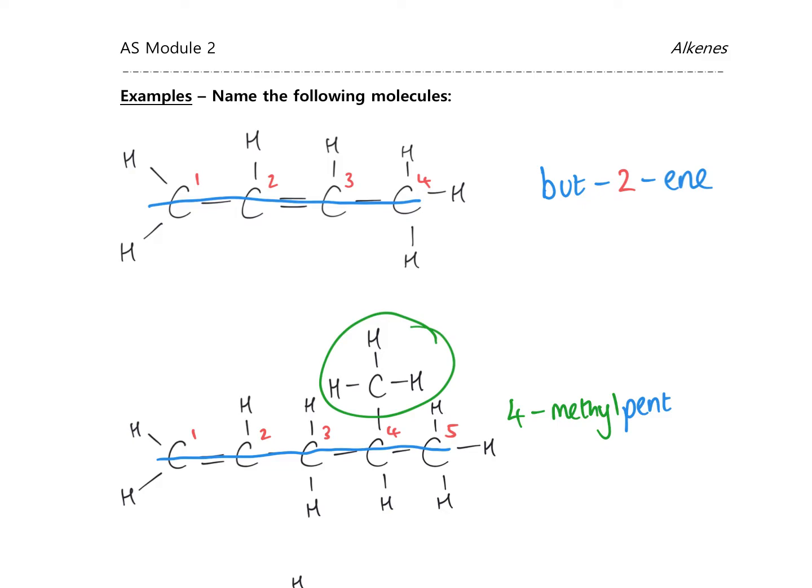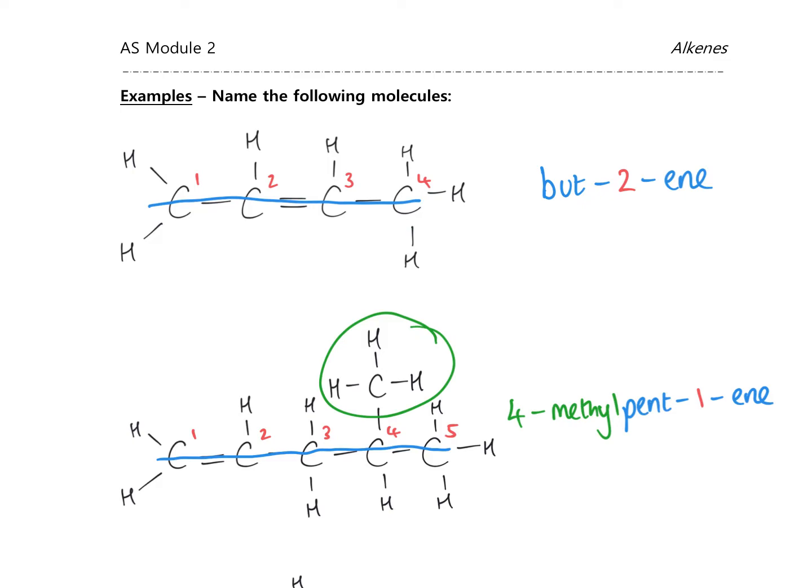So it's pent dash 1 dash ene. Why it's 1 is because the double bond is between carbon 1 and carbon 2, and so therefore we always quote the lower number in the name. So this is 4-methylpent-1-ene.